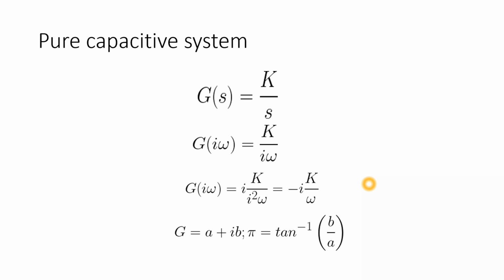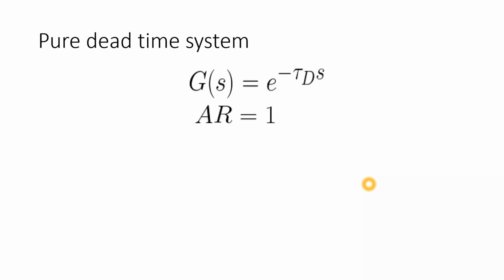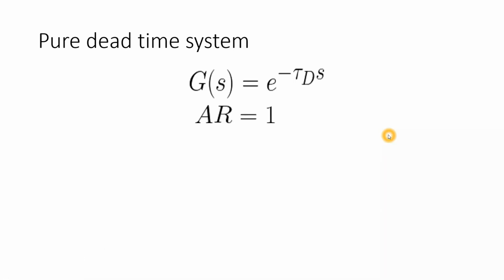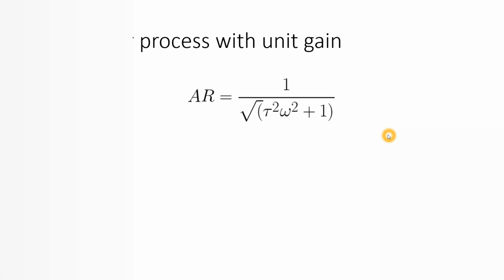So it will be minus tan inverse infinity, which is minus 90 degrees. So for pure dead time system, amplitude ratio is 1, and for pure capacitive system, phi is equal to minus 90 degrees. We will check further.